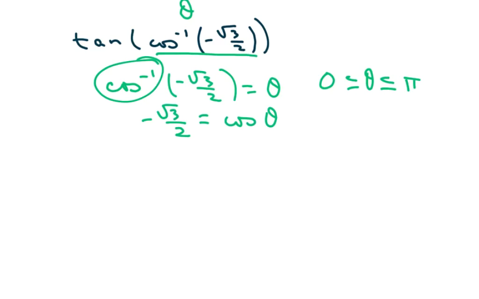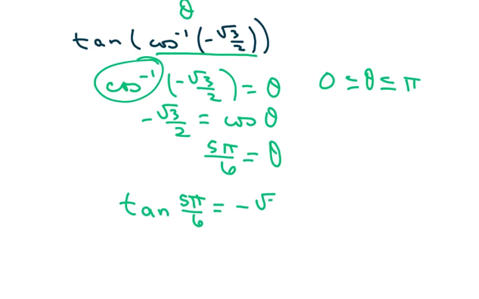And so where is this angle going to be? And we know our angle is going to be 5 pi over 6. So then what you do is just set tan of 5 pi over 6, and you can just look on your circle and you know that that's negative square root of 3 over 3.